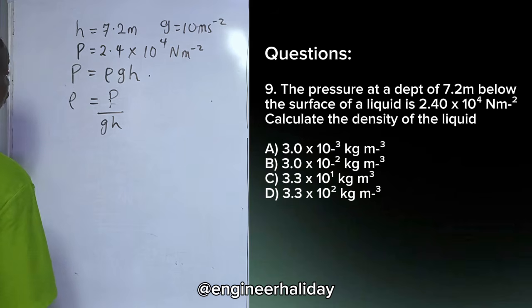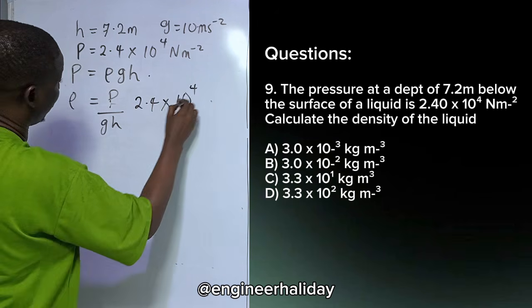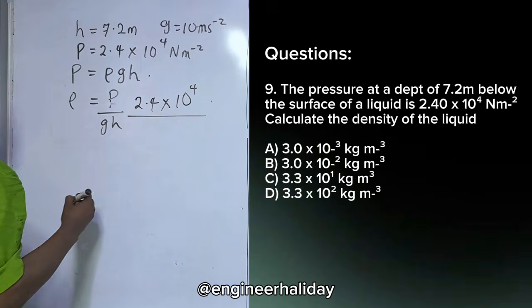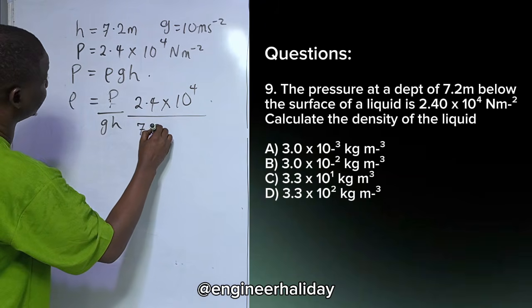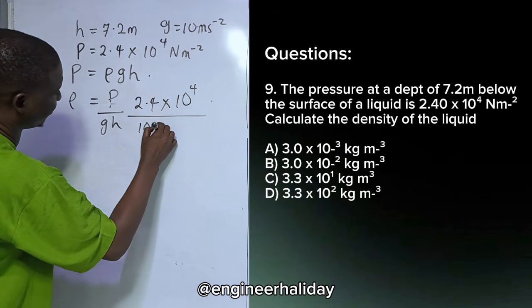So if we get pressure, we are going to have 2.4 times 10 to the power 4 divided by 10 times 7.2.